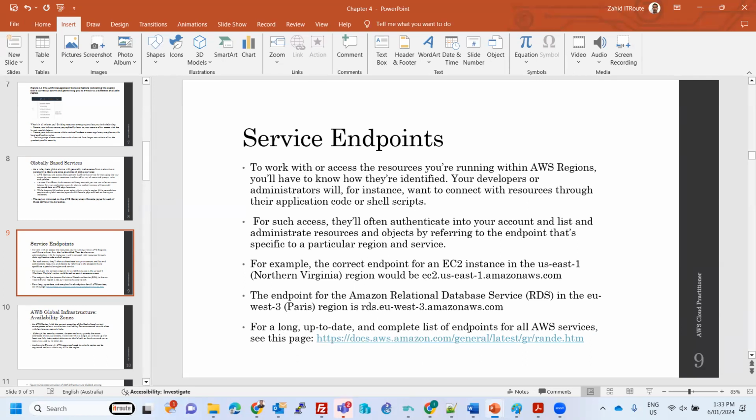For a long, up-to-date, complete list of endpoints for all services, you can go to that location.